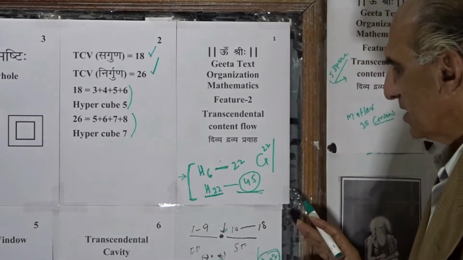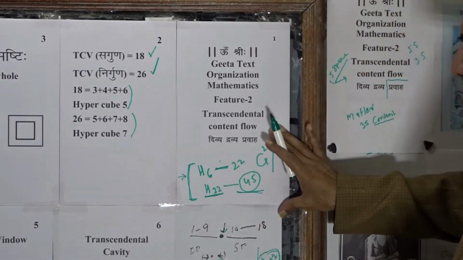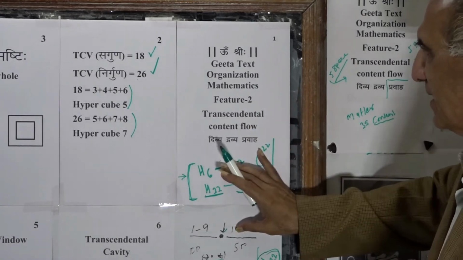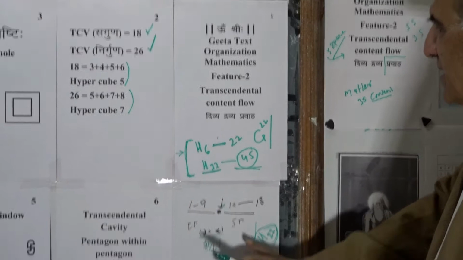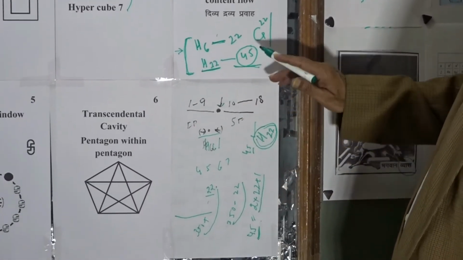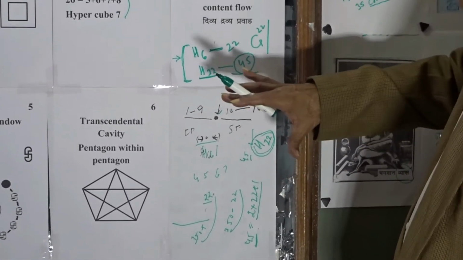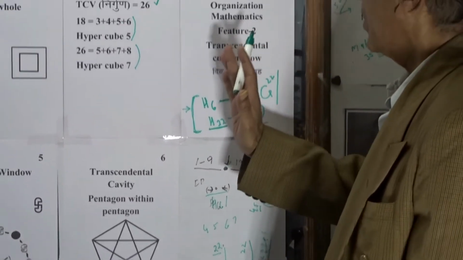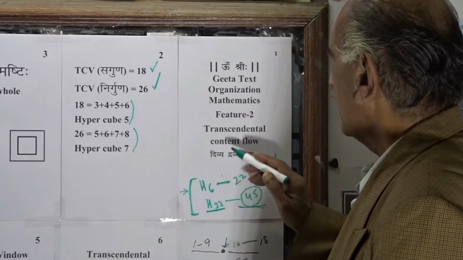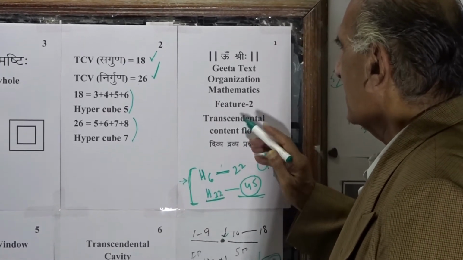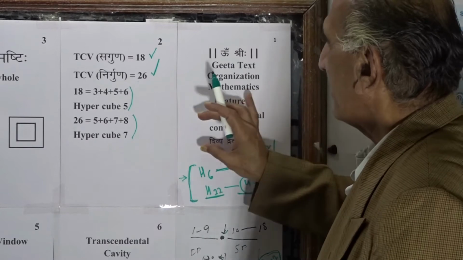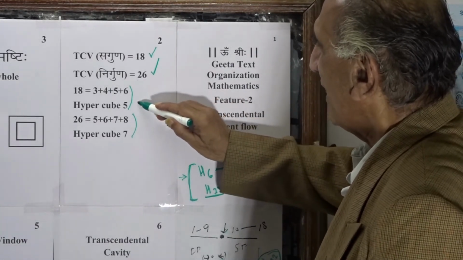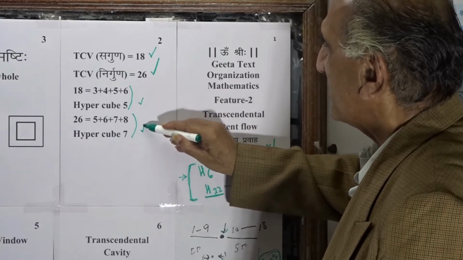As such, this format of placement of the sun at the middle and its formatted values of 45 versions are making a format of transcendental content which permits its chase as hypercube 5 and hypercube 7.